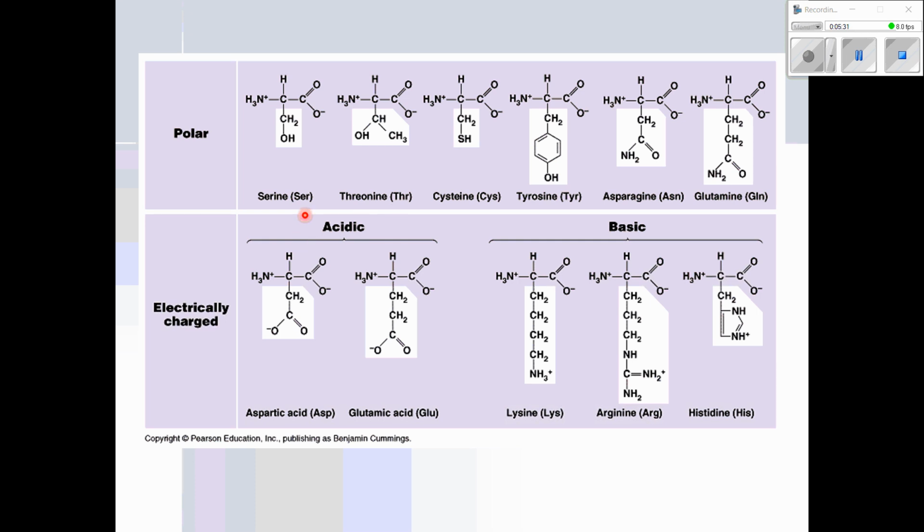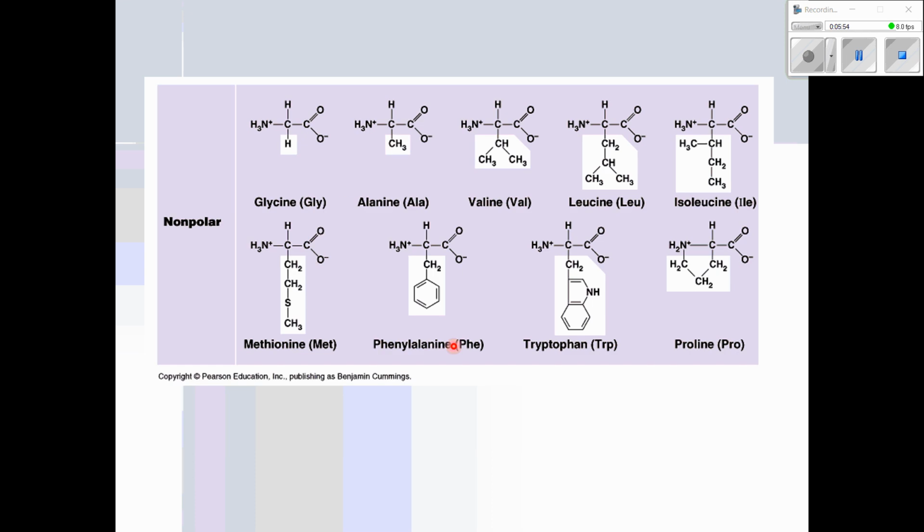Some amino acids act like acids. They have acidic R groups, and some have basic R groups. So they act like a base. It's a pretty diverse group, but you can tell from these pictures that what makes an amino acid electrically charged or not, polar or nonpolar, is the R group.